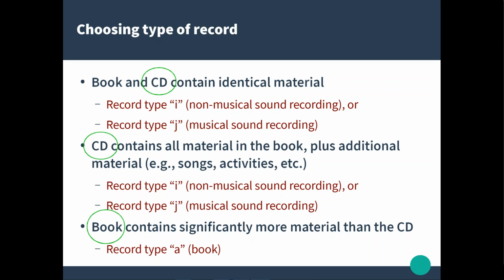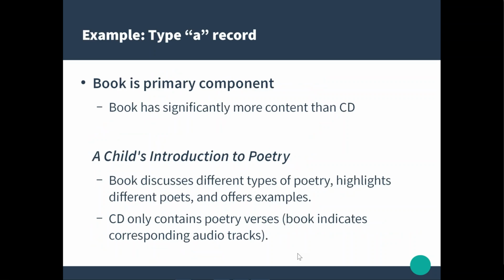So now we can actually turn to some examples. Let's start with the record type A, because I think that tends to be a little bit more straightforward when we see that the book has significantly more content than the CD, and we're already leaning toward, okay, this looks more like a book type record than a sound recording type record.